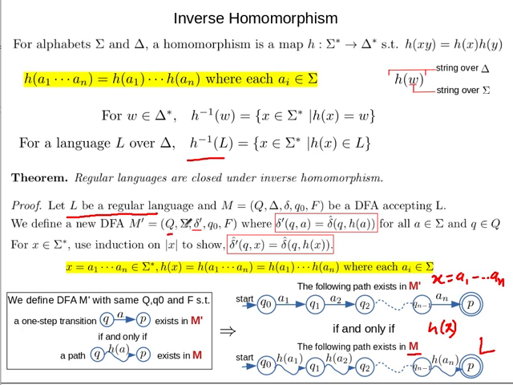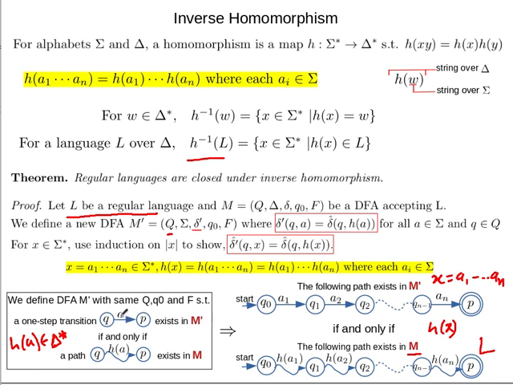Here M is accepting L, and L is a language over delta, right? So this H of A is a string over delta, a member of delta star. So if you have something like this in your M, you put a direct edge in M prime labeled by A.